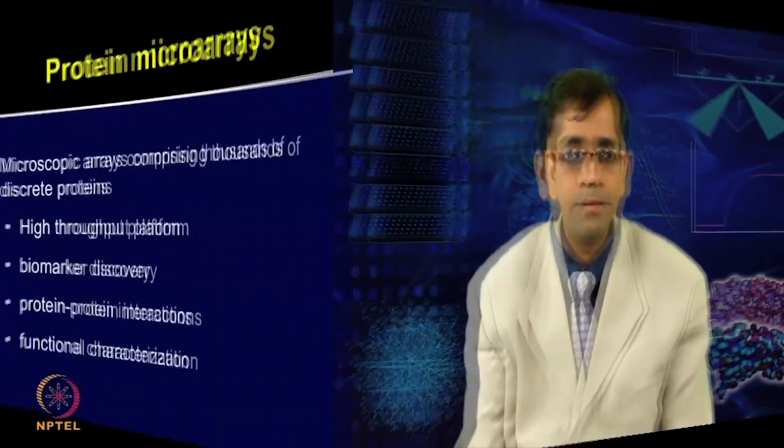So by using DNA microarrays, scientists have shown the potential of high throughput genomic technologies. The success of genomic technologies such as DNA microarrays has motivated the development of protein microarrays.